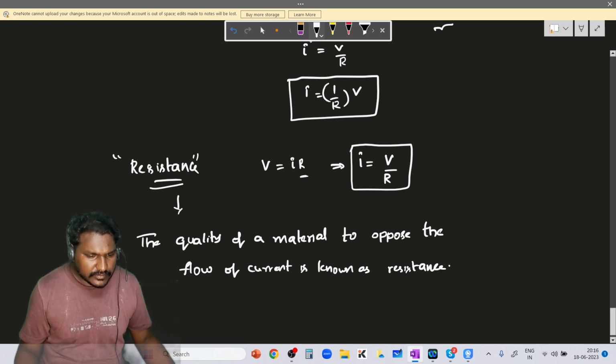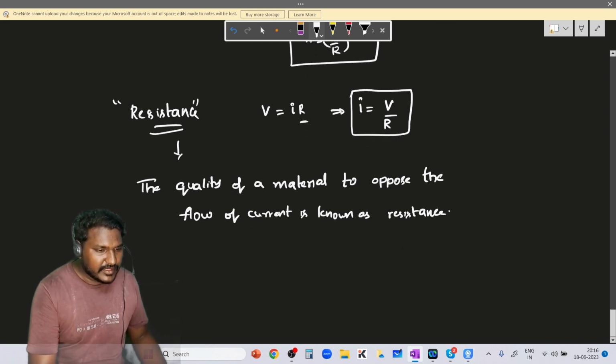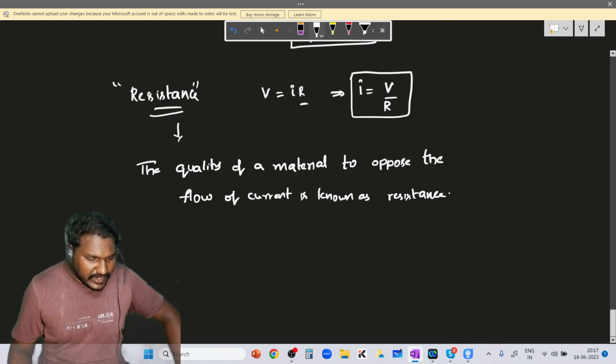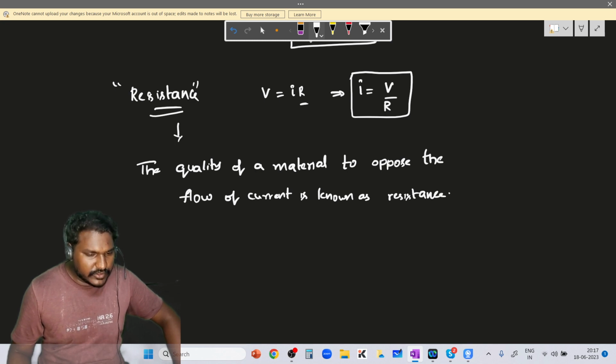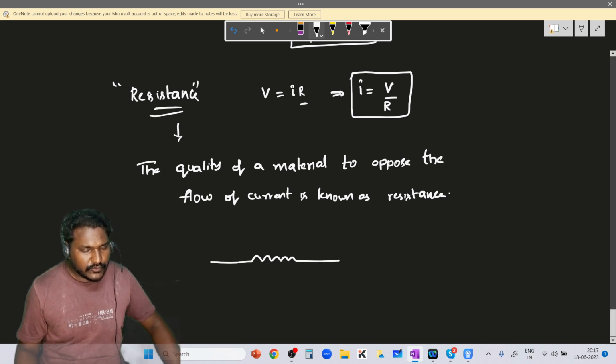So what actually causes this resistance? I'll tell you. While we are moving on any highways or roads, sometimes we see speed bumps. What is the purpose of placing speed bumps, speed breakers?